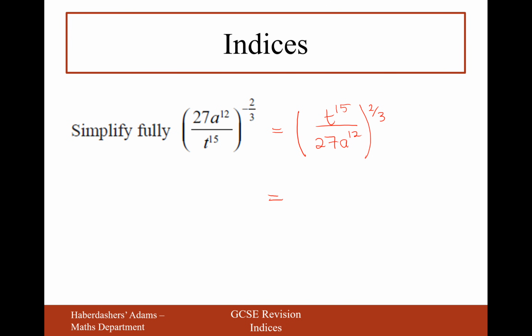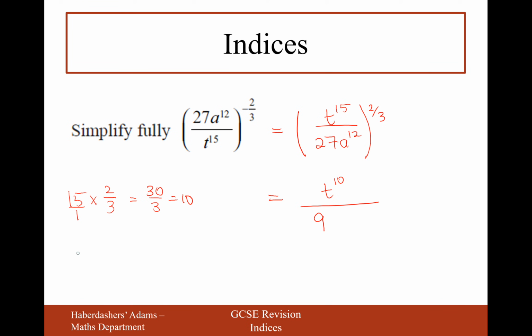Now the next step is to do that power of 2/3. So with the indices, they're going to multiply together, and 15 times 2/3, treat it as 15 over 1 and multiply top by top, bottom by bottom. That's going to be 10 when it gets simplified, so t to the 10 over. 27 is a normal number, so you do the power as normal, so that's going to be cube root of it first, that's 3, and then square it, so that's going to be 9.